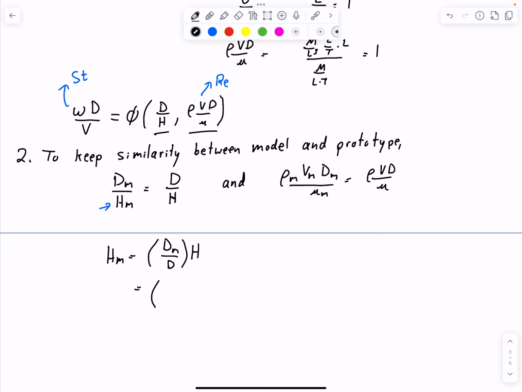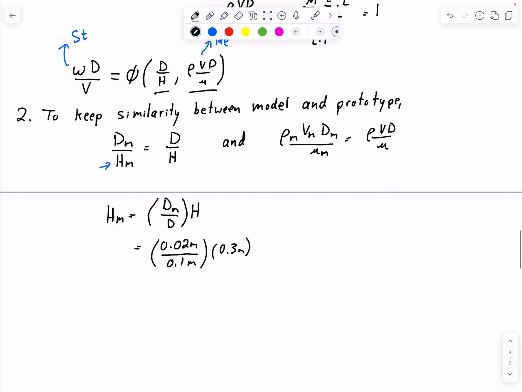Then dividing through by d, which is the dimension of the actual prototype, that's 0.1 meters, and multiplying by h, that's 0.3 meters, we find that h sub m, this dimension of our model, must equal 0.06 meters. And that maintains similarity, in this case geometric similarity, between the model and the prototype.